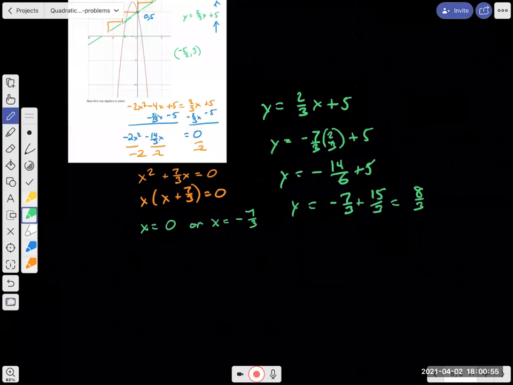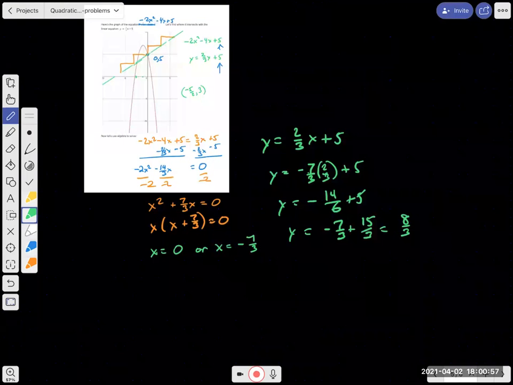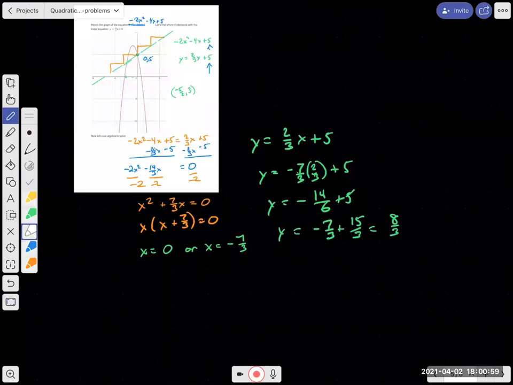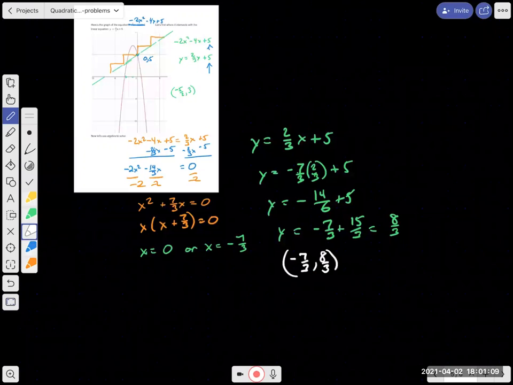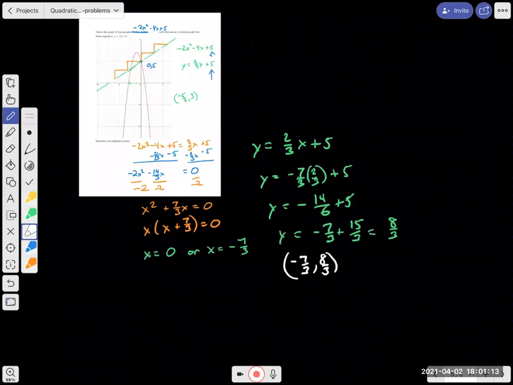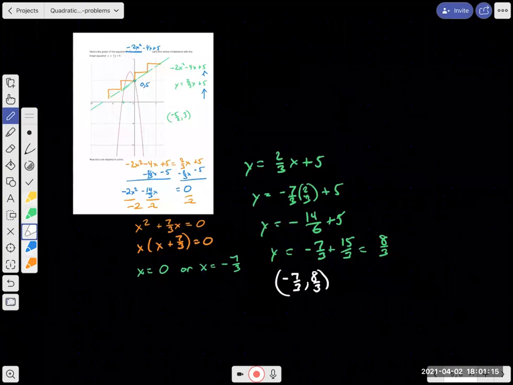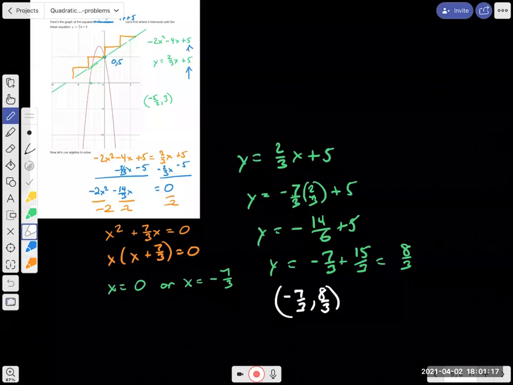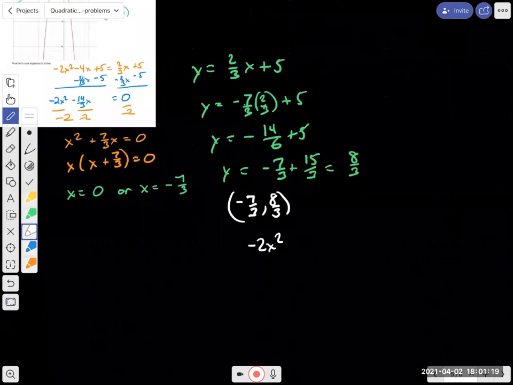Okay, so in this case, we don't know for sure. We say, well, okay, that might be. So we're claiming that the point minus 7/3, 8/3 is on both lines. Well, we just showed that that point is indeed on the linear equation, and now we have to show that it's on the other one, the minus 2x squared minus 4x plus 5. Okay?